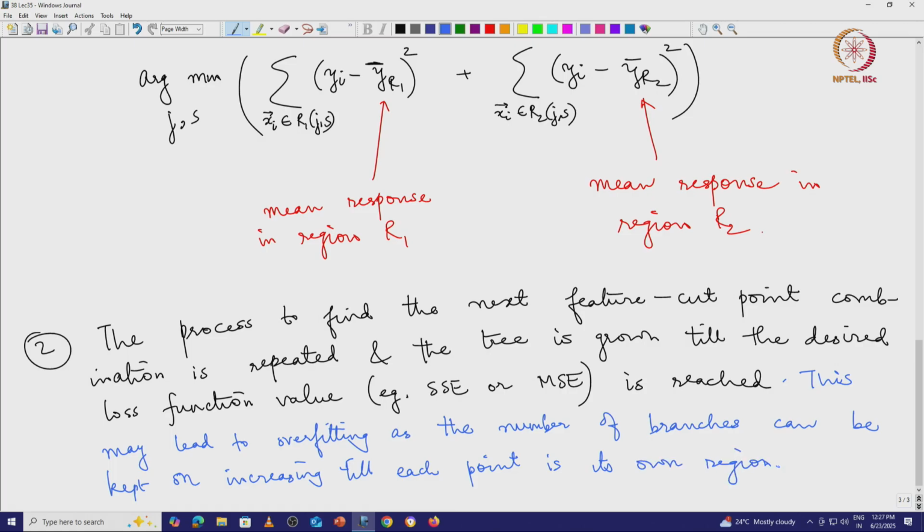So, if each point is its own region, what will be the sum of squared errors? It will be 0, because the mean response in each region will be the value of the target variable itself, and therefore, this whole loss function will be 0. So, the good thing here is you will get a mean squared error of 0, but the bad thing is that your tree has completely memorized the entire data set.